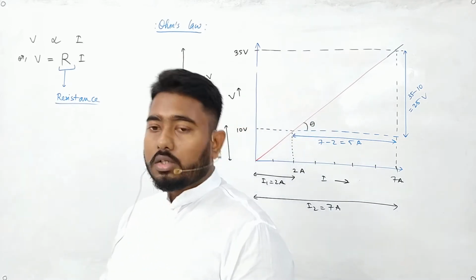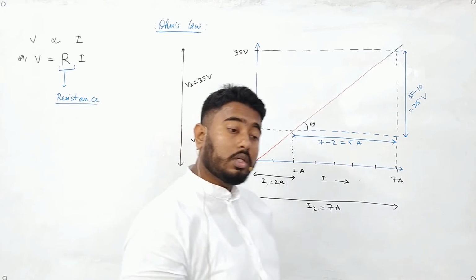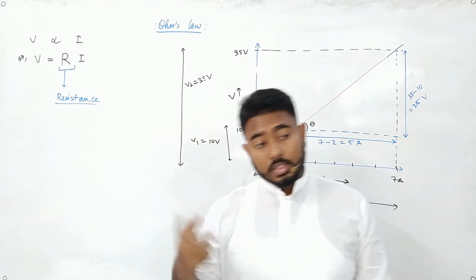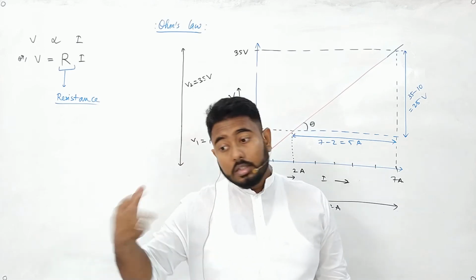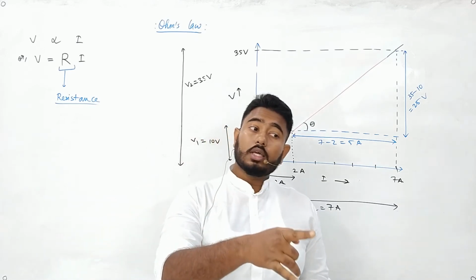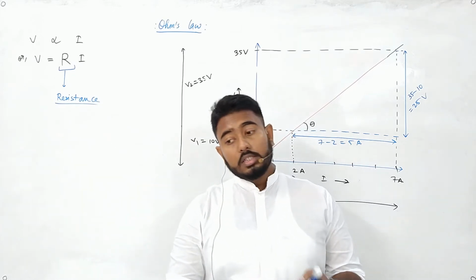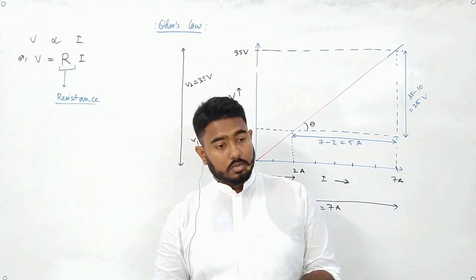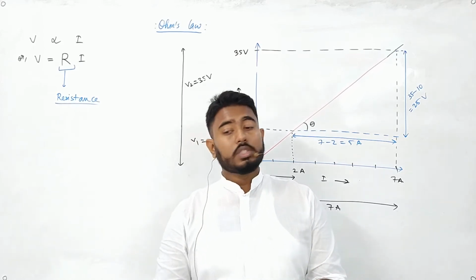Now why is resistance not a universal constant? First, during the declaration of Ohm's law, we said that provided the temperature and the physical properties remain same, that means this resistance is dependent on temperature, and it is also dependent on physical properties.